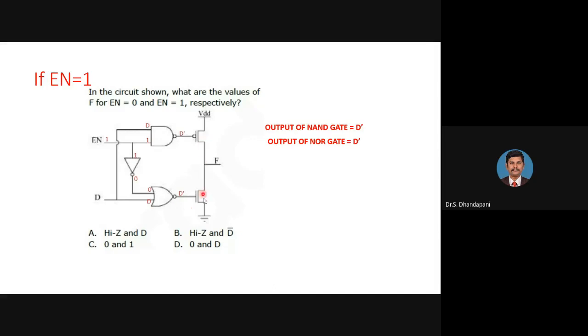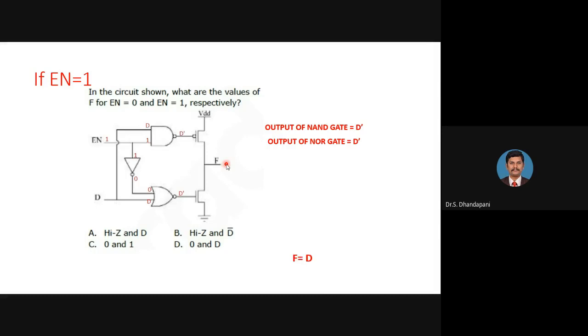Now, this PMOS and NMOS both are getting the same input D dash. We can see this part of the circuit as an inverter, formed by one PMOS transistor and one NMOS transistor, with both transistors getting the same input D dash. So for the inverter, if the input is D dash, we can easily predict the output F, that is D.